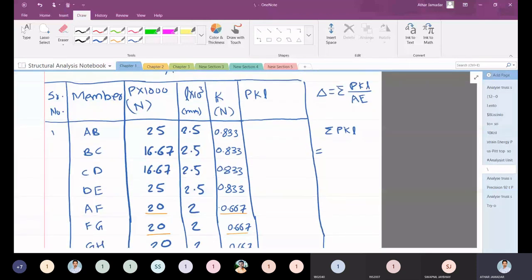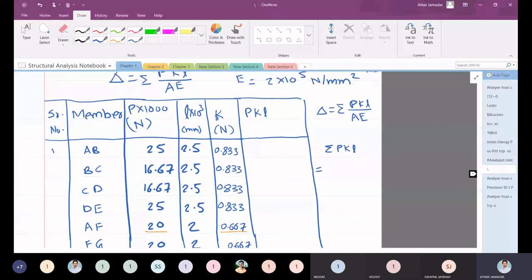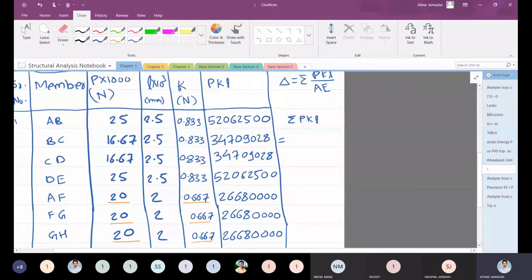So for member AB, this PKL will be 25 into 1000 into 2.5 into 10 raised to 3, into 0.833. Likewise, I will tell these values in terms of 10 raised to 6.